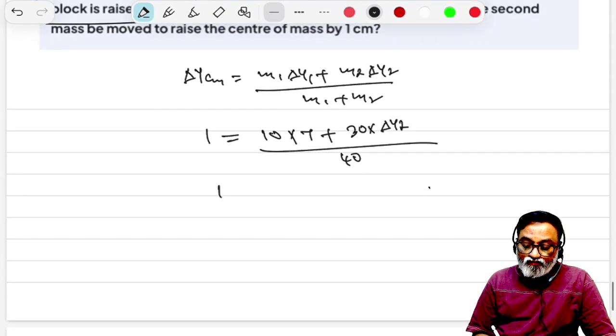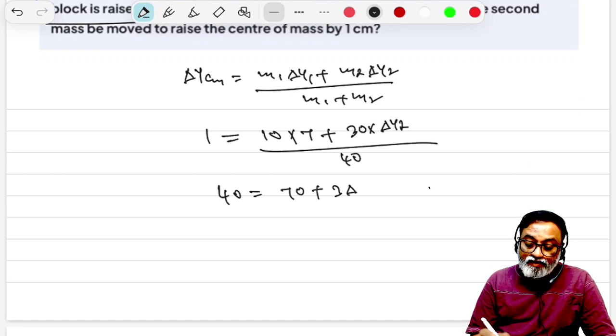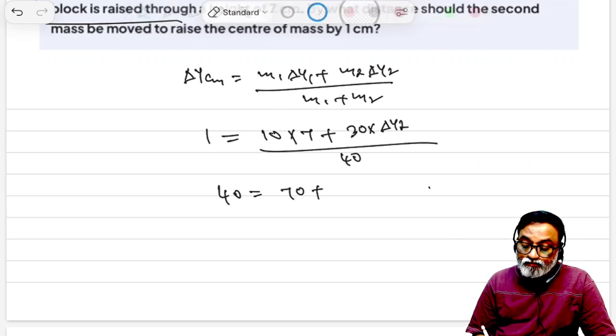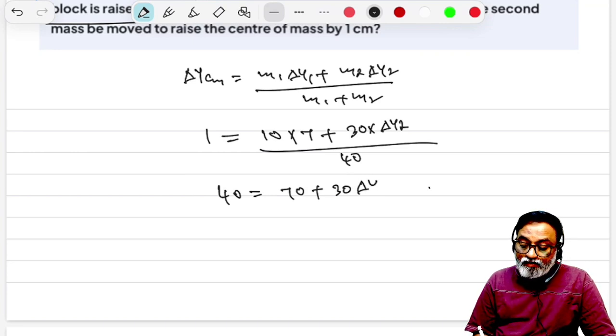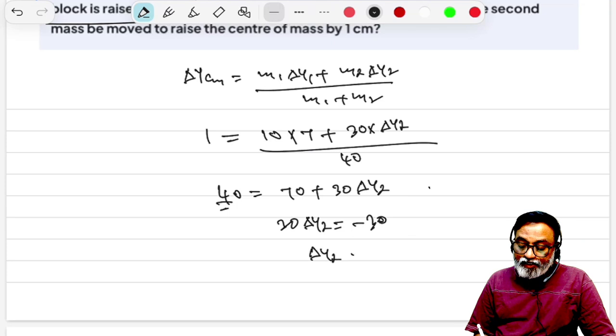Therefore 40 is equal to 10 times 7, 70, plus 30 delta y2. Therefore, 30 delta y2 is equal to 40 minus 70, minus 30. Therefore, delta y2 is equal to minus 1 centimeter.